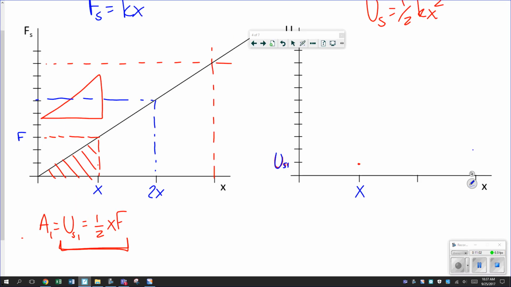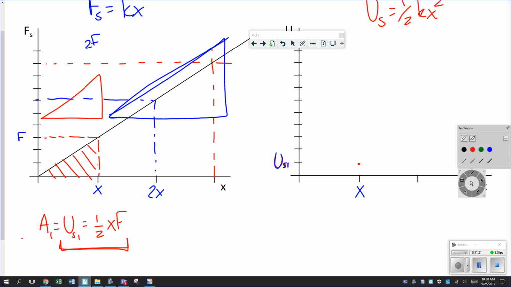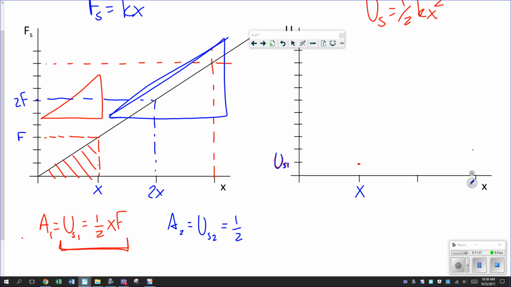And what we have now is this triangle, where the area of that triangle, let's call it A2, that's U spring 2, is 1/2 times 2X times 2F.